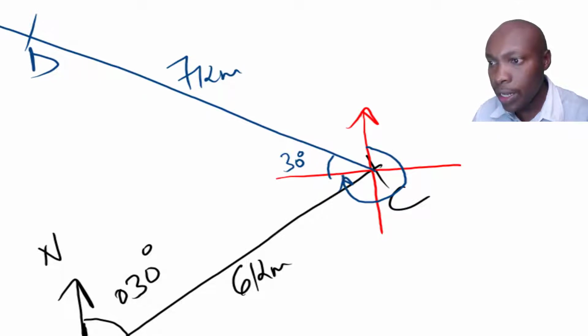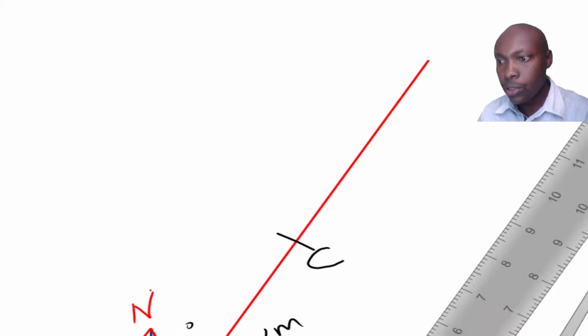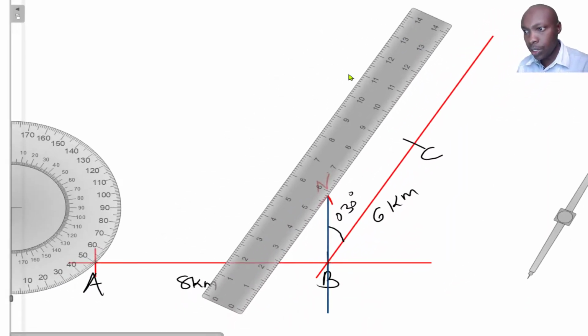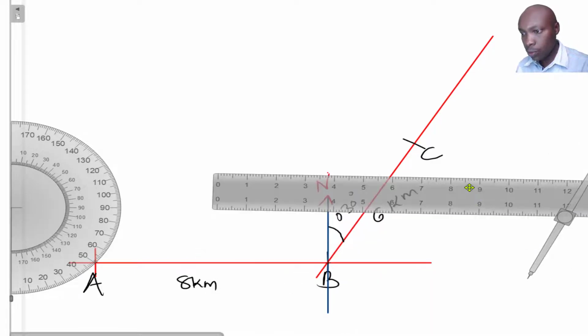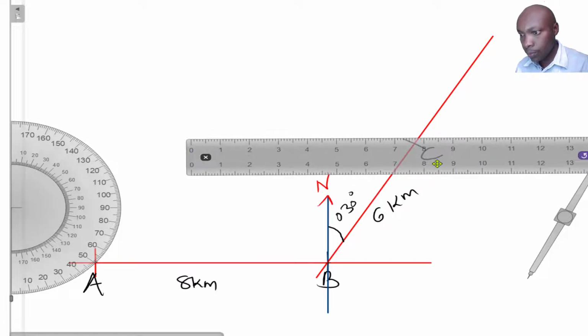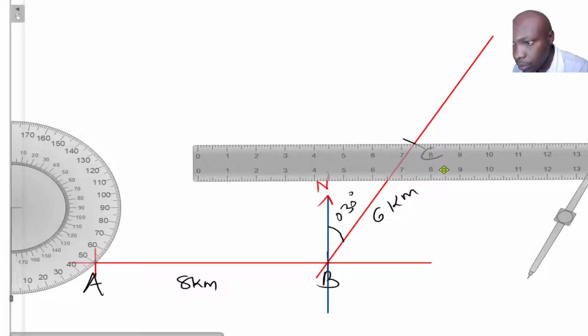So we need to add 30 degrees, just measure 30 degrees on that line. So what we need to do now is simply come to this point. Now take our ruler, and here we need to be more serious. We have to draw a pair of compasses here. So let me draw.